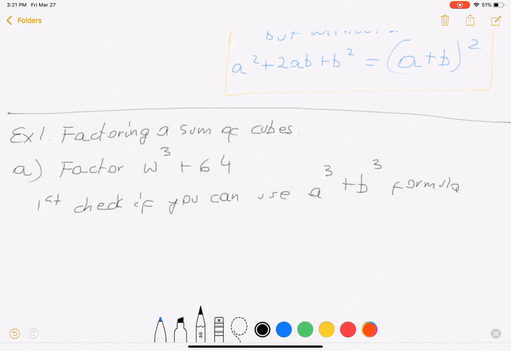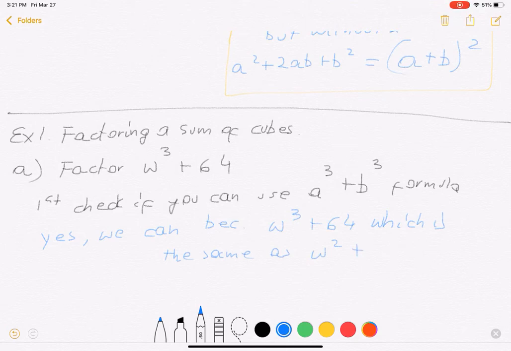Okay, which we can. Yes, we can, because we have w cubed plus 64, which is the same as w cubed plus 4 cubed. 64 is the same as 4 to the third power.